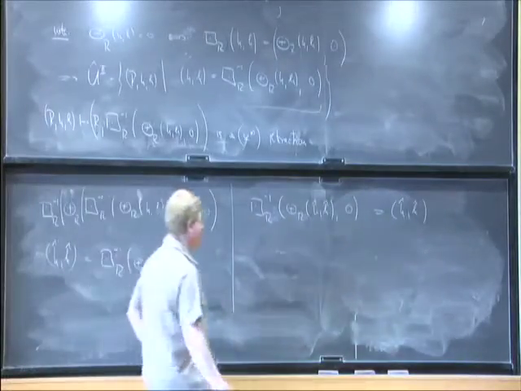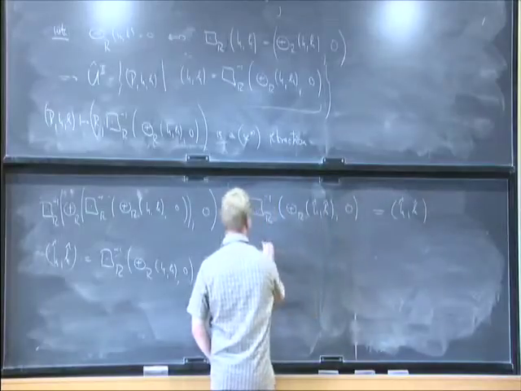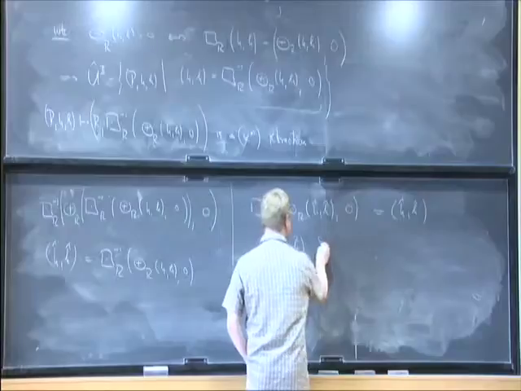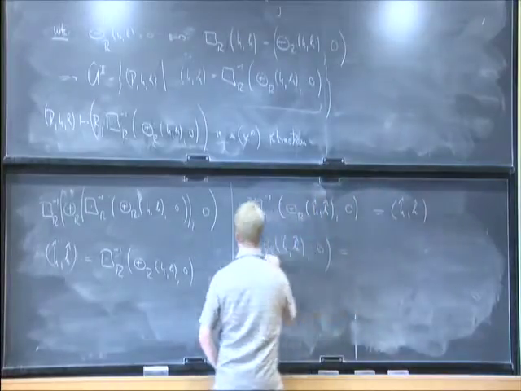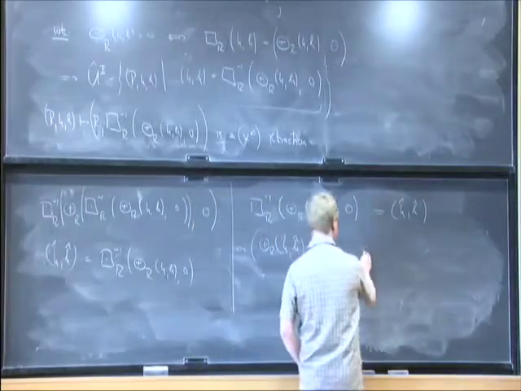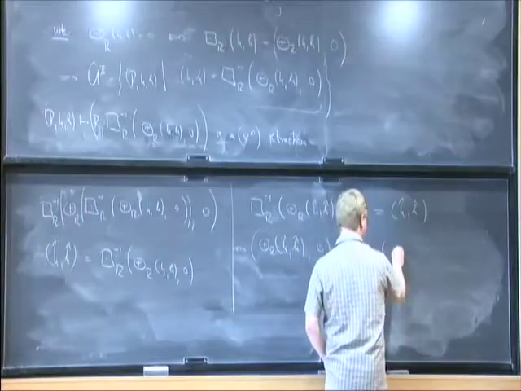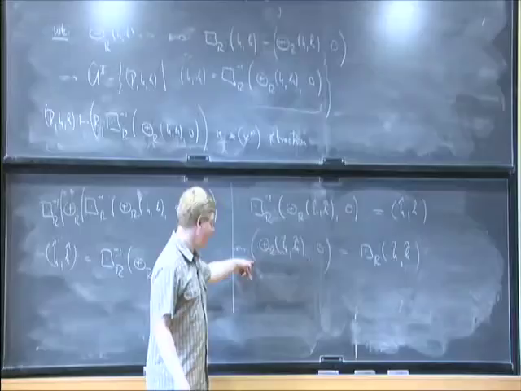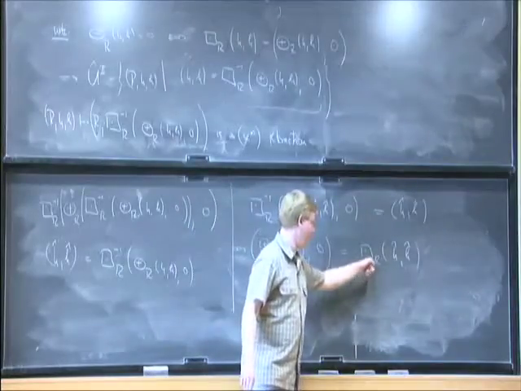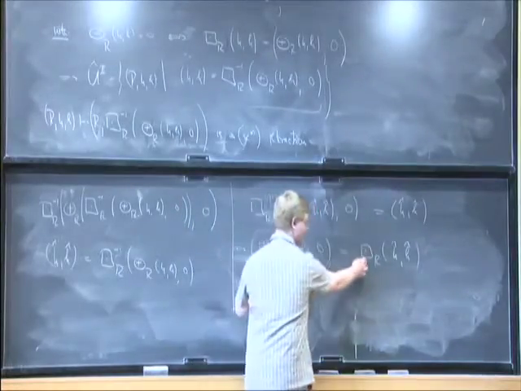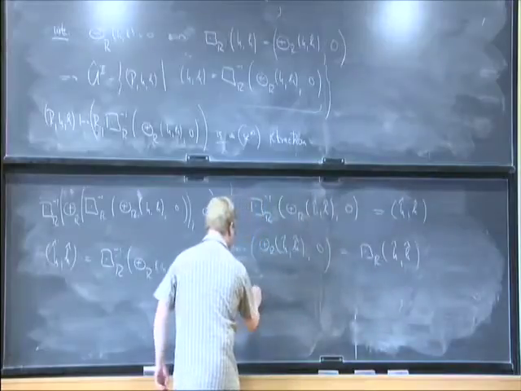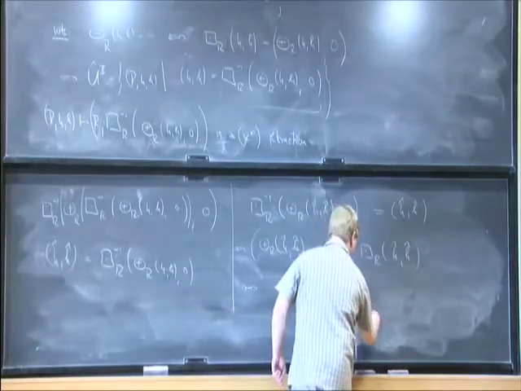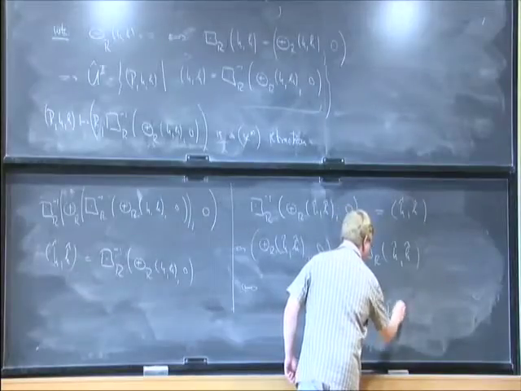Let's see if we can do that. So first of all, let's put this on the other side. So now this is an equivalent statement. Okay, so this is what has to be true. Well, this is just plus gluing comma minus gluing. So the plus gluing is equal to the plus gluing is an empty statement. So this is equivalent to the fact that 0 is equal to the minus gluing of h hat k hat.